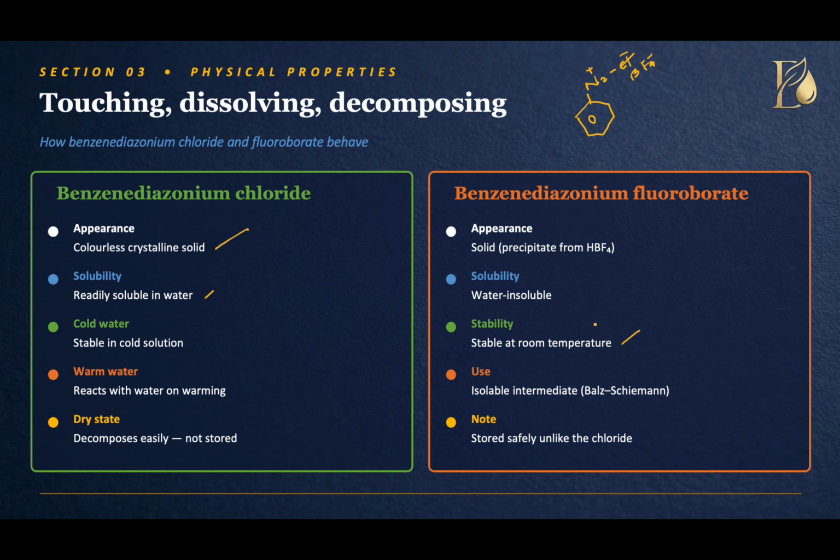So we cannot store them. But benzene diazonium fluoroborate is stable at room temperature. This stability allows it to be isolated and stored, which is practically useful in certain reactions like the Balz-Schiemann reaction or some other reactions. So that is the difference between some physical properties of benzene diazonium chloride and benzene diazonium fluoroborate.